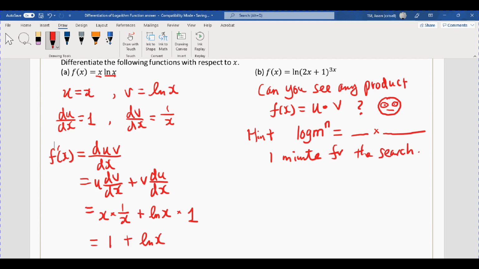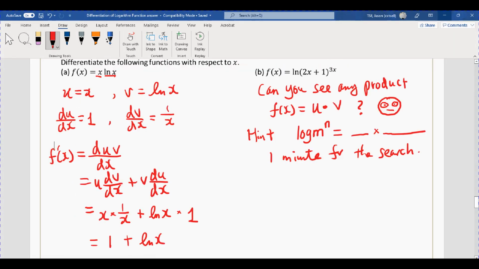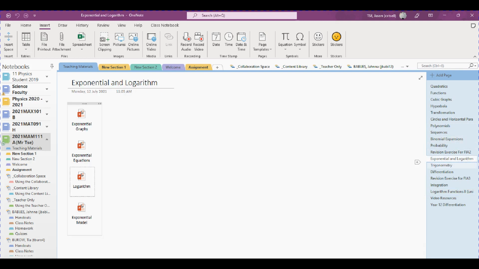Okay, good. So have you got it? Let me show you where you could look for it. When you go to OneNote, you see the different pages for teaching materials. That's logarithm there. The first time when you go to exponential and logarithm in Unit 2, you can't see the laws for logarithm.